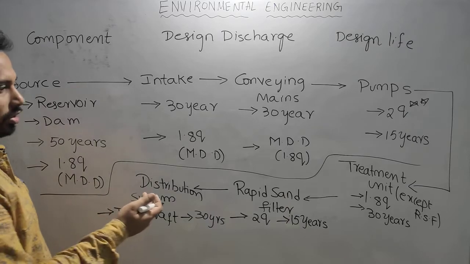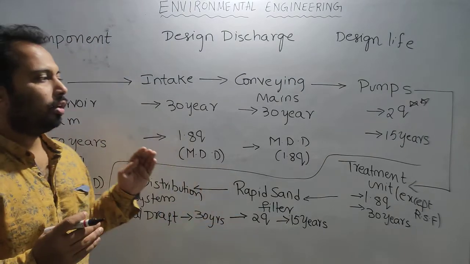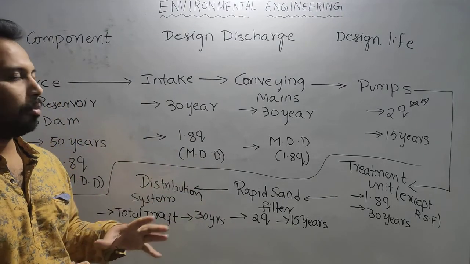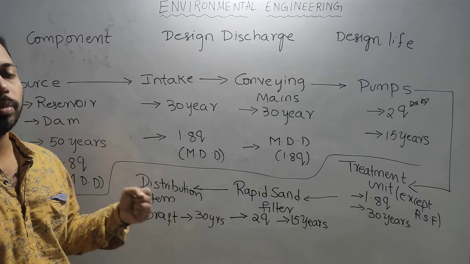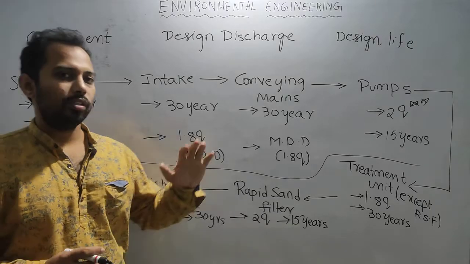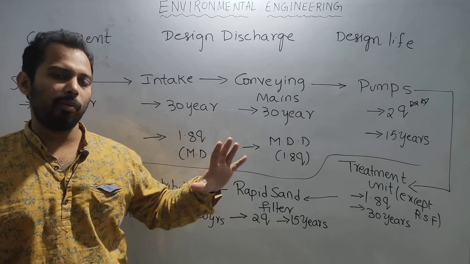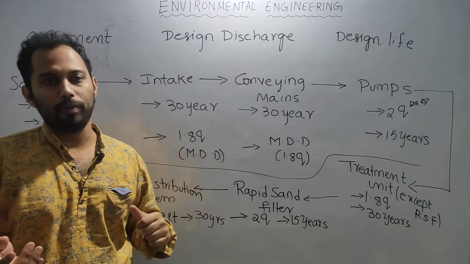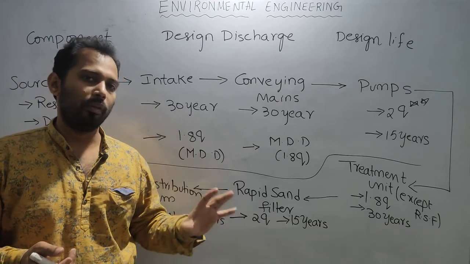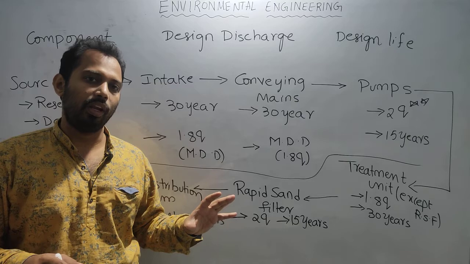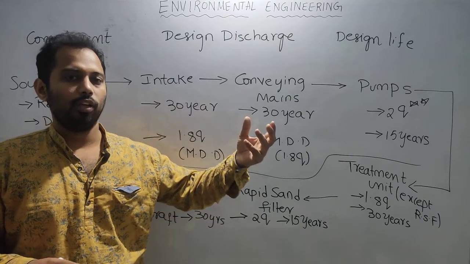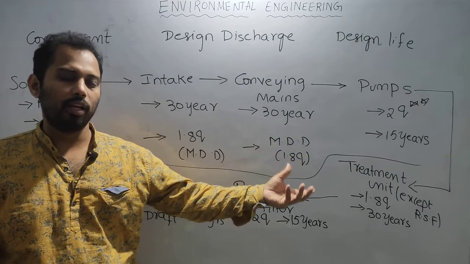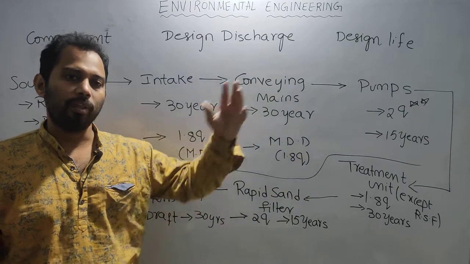For example, if your system is capable of producing 50 million liters per day, but the public requirement one day may be 45 million and another day 55 million, you can only supply 50 million. So when the demand is 45 million, this 5 million liters you will store somewhere, and when the demand is 55 MLD, that day this 5 MLD you will give from the stored source.